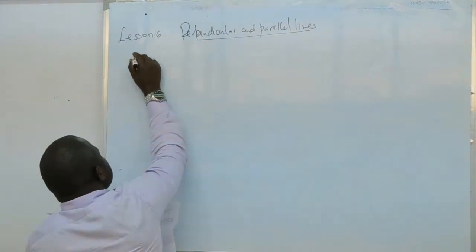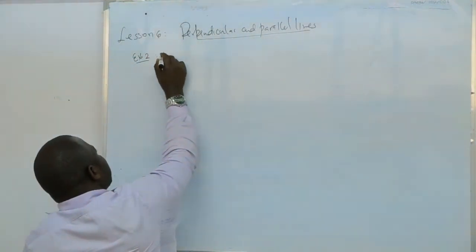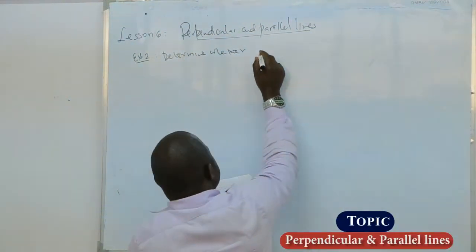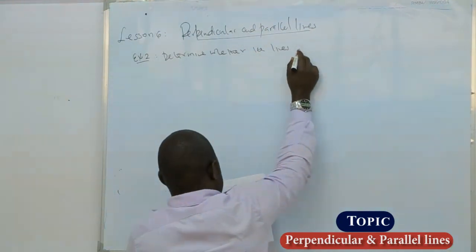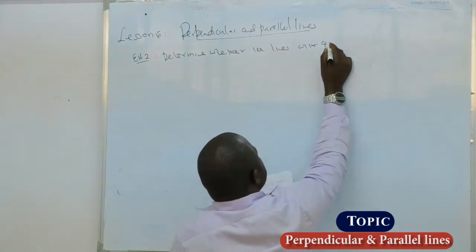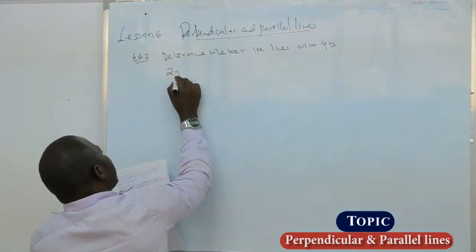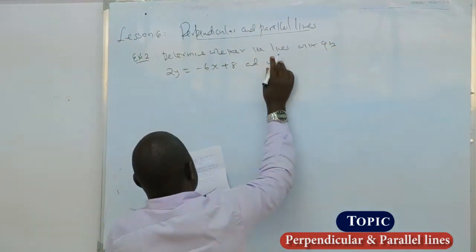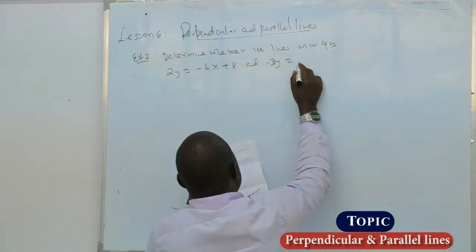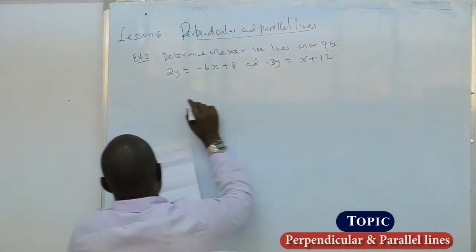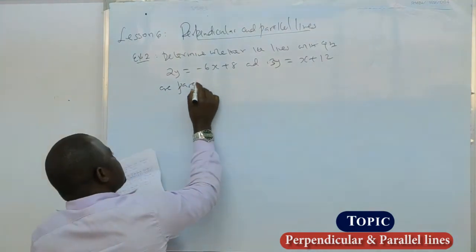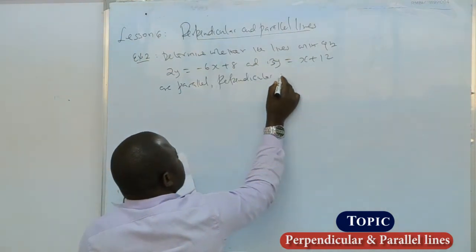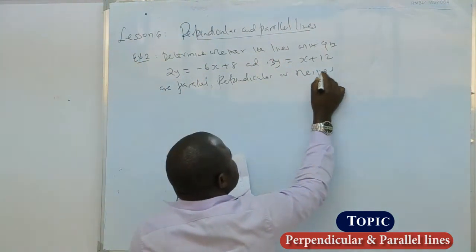Example 2 says: determine whether the lines with the equations 2y = -6x + 8 and 3y = x + 12 are parallel, perpendicular, or neither of these.